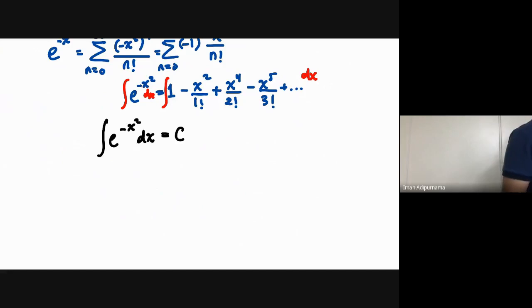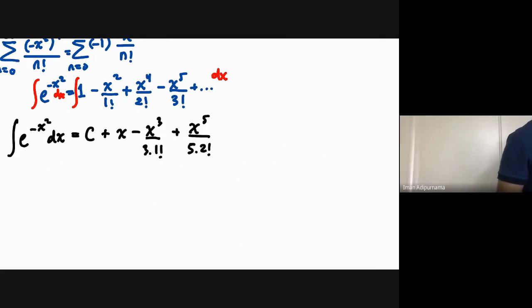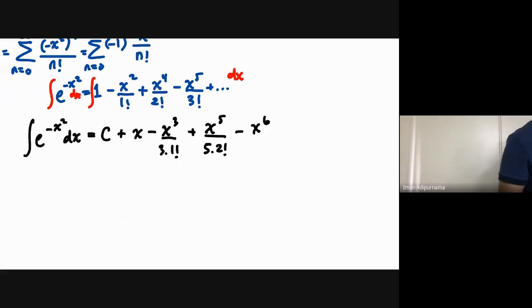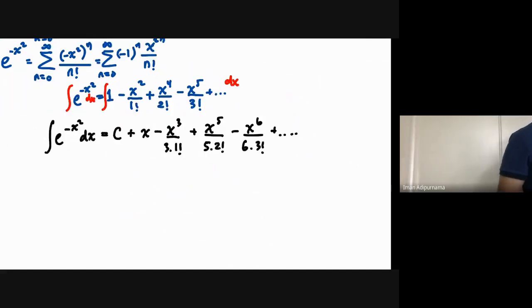It will be the constant plus x minus x cubed over 3 times 1 factorial, plus x^5 over 5 times 2 factorial, and then minus x^6 over 3 factorial, plus until some point.